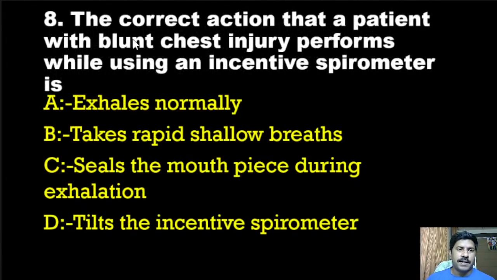Next question. The correct action that a patient with blunt chest injury performs while using an incentive spirometer is: exhales normally, takes rapid shallow breaths, seals the mouthpiece during exhalation, tilts the incentive spirometer.